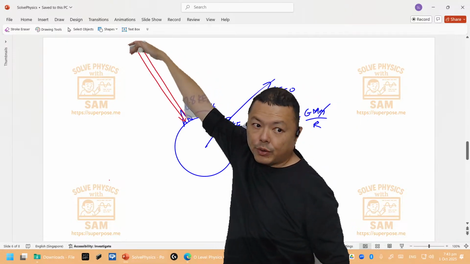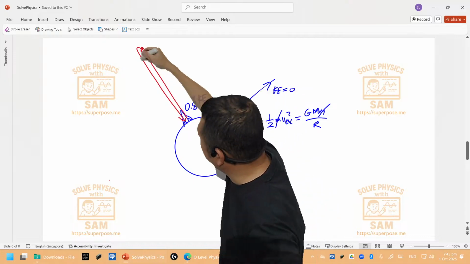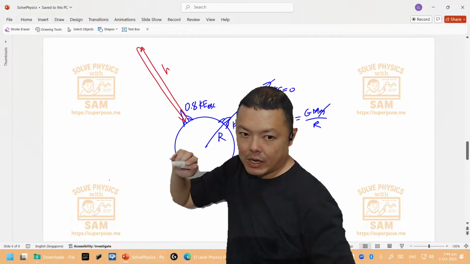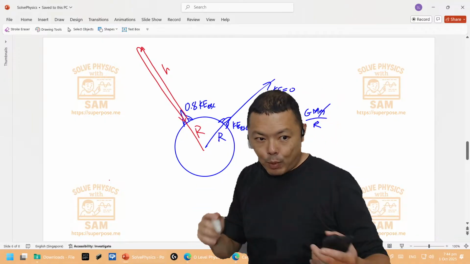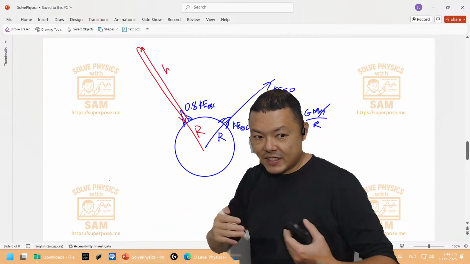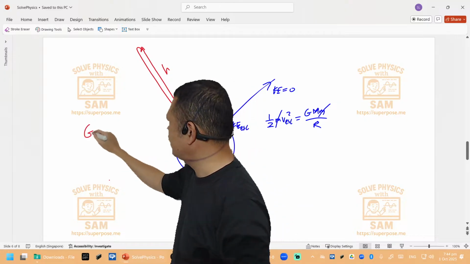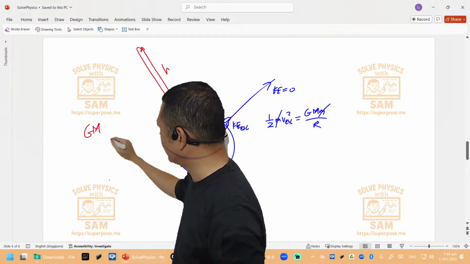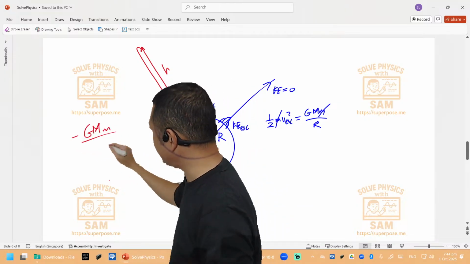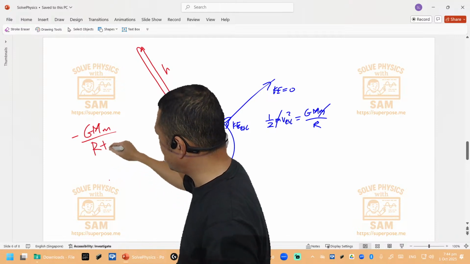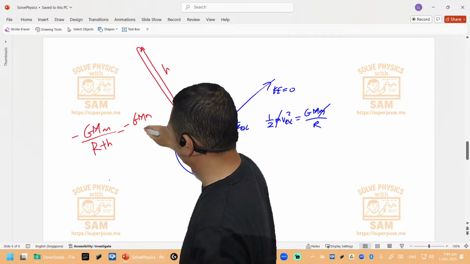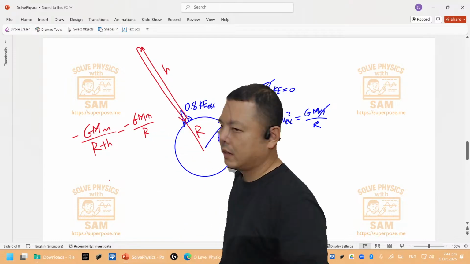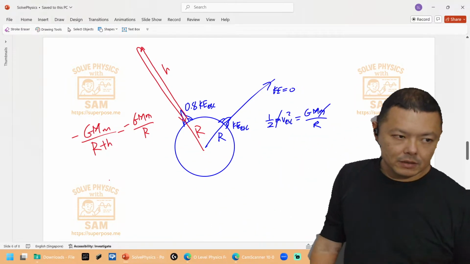I'm pretty sure you know that in order to calculate how high it can go, this H, the height it can go above the Earth's surface, I'm hoping you understand that it's actually the difference in the GPE. So it's negative GMm over R plus H, minus negative GMm over R. Are you aware of that?